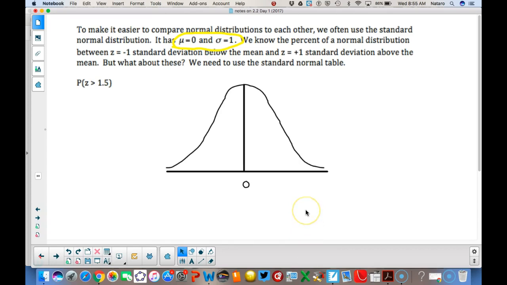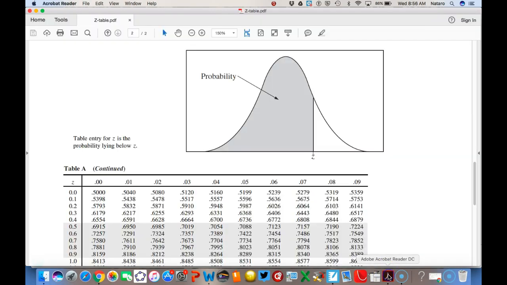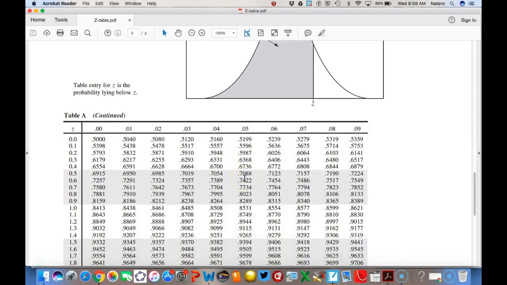Let's take a look at how this table could be used in an example. Let's say we want to know the probability of getting a z-score greater than 1.5. So 1.5 is to the right of the mean, and this question is asking us for the area to the right of 1.5. So I would look up 1.50 in my table. So let's go to our table and find 1.5.